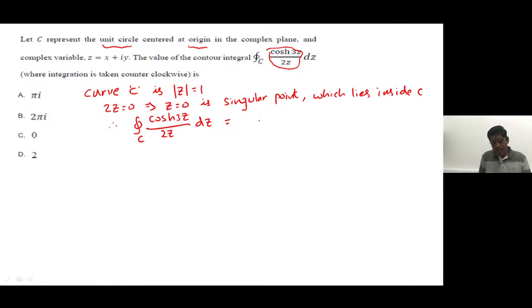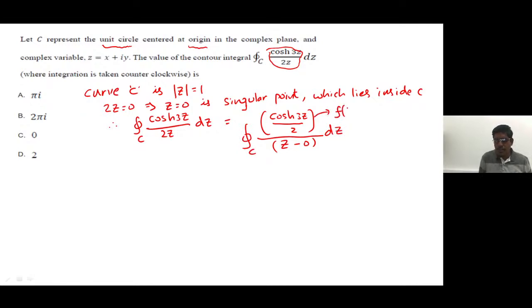So the remaining denominator terms you have to write in the numerator, so that I can write cos h 3z divided by 2, keep it in some bracket which is indicating a function f of z, whole divided by z, which can be written as z minus 0. That means I want to write the standard form of Cauchy integral formula. So this numerator bracket term is usually denoted by f of z, and the singular point is usually denoted by a. Now it looks like the integral over C of f of z divided by z minus a dz.